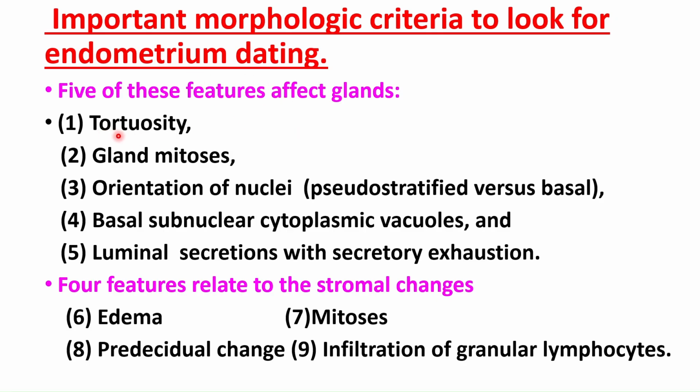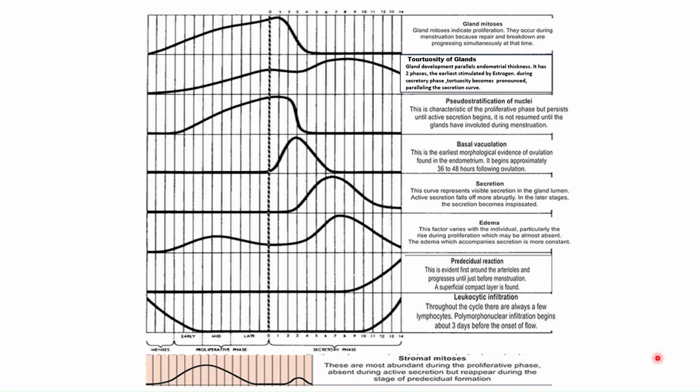In glands: tortuosity, gland mitosis, orientation of nuclei like pseudostratified versus basal nuclei, basal subnuclear cytoplasmic vacuolization, and luminal secretion with secretory exhaustion. In stroma, we have to see edema, mitosis, pre-decidual change, and infiltration of granular lymphocytes.